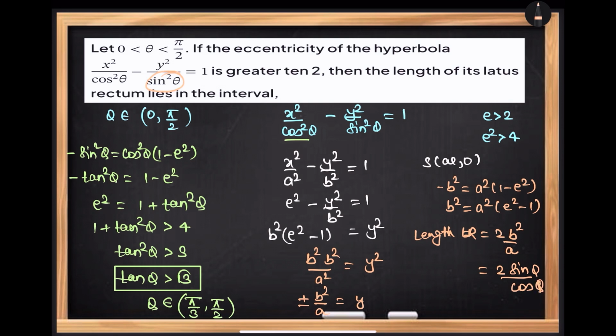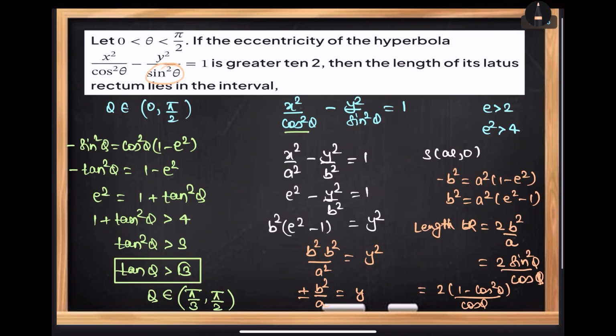Correct? Now look at this. It is b square, so b square is sin square. So can I write this as 2 times (1 minus cos square theta) by cos theta? Or can I say that it is 2 times (sec theta minus cos theta)?